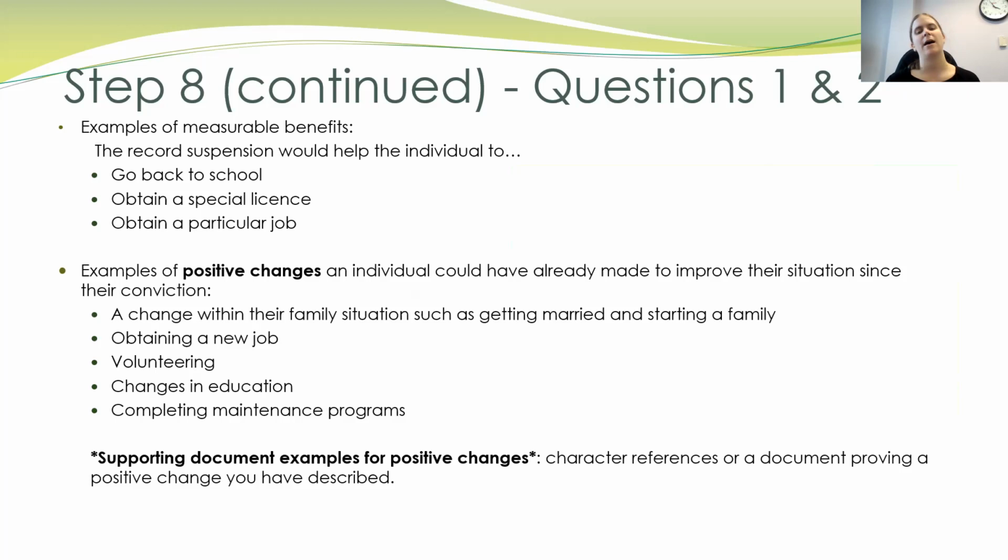For example, their family situation could have changed where they got married and started a family. They could have obtained a new job, started a new volunteering opportunity. There was maybe a change in their education where they went back to school. Another positive change could be that they completed a maintenance program. Maintenance programs basically help individuals work on skills they need to reduce their chance of reoffending.